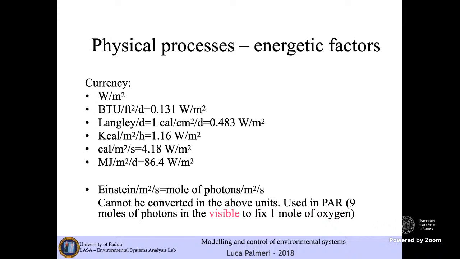We employ the concept of photosynthetic active radiation, PAR, by saying that 9 moles of photons in the visible, so photons that may be employed for producing photosynthesis, are used to fix 1 mole of oxygen, that is a macroscopic chemical product of the photosynthetic process. Okay?